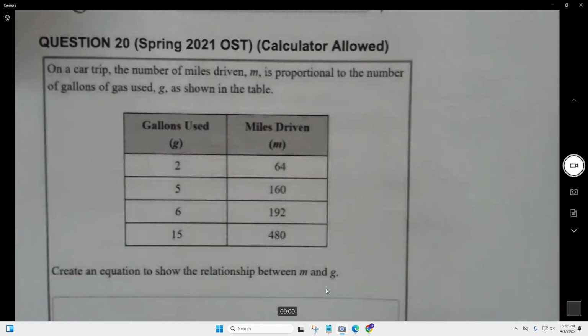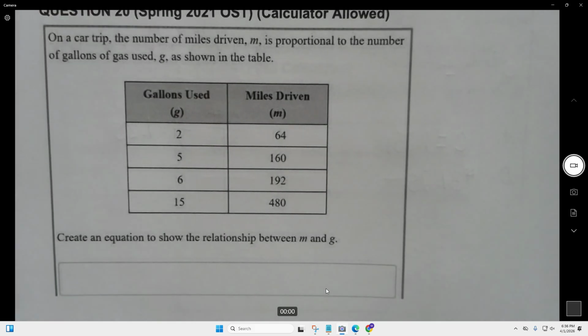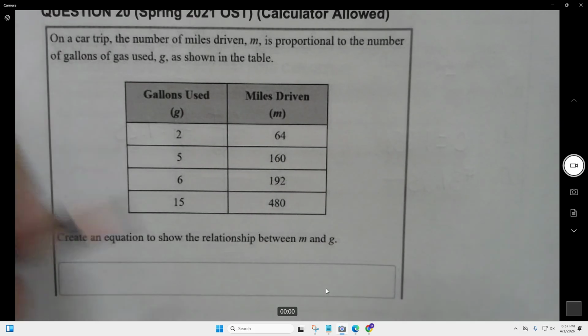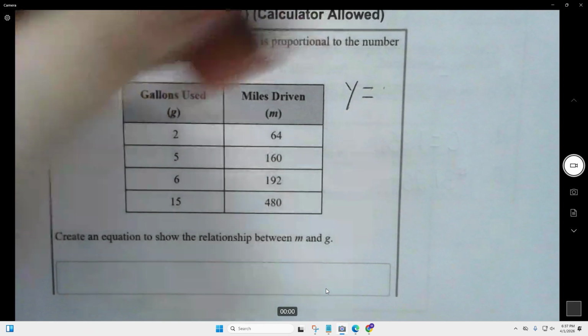Question 20. On a car trip, the number of miles driven, M, is proportional to the number of gallons of gas used, as shown in this table. Create an equation to show the relationship between M and G. We need to find the constant of proportionality, because anytime you're asked to create an equation, it's always y equals the constant of proportionality.